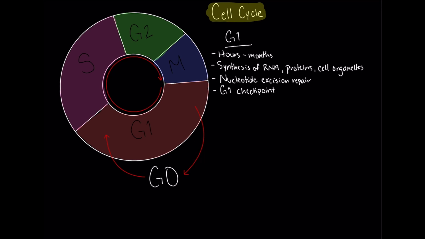Now, the S phase. The S phase takes around 8 hours long to complete, so let's write that down. 8 hours, and during this phase, DNA replication results in two sister chromatids per chromosome.